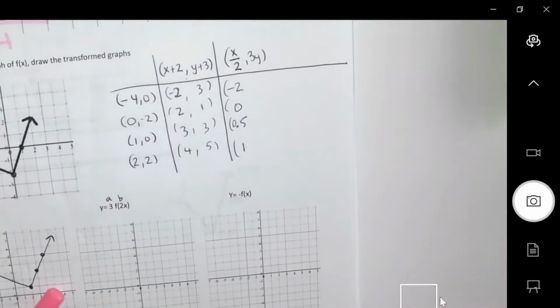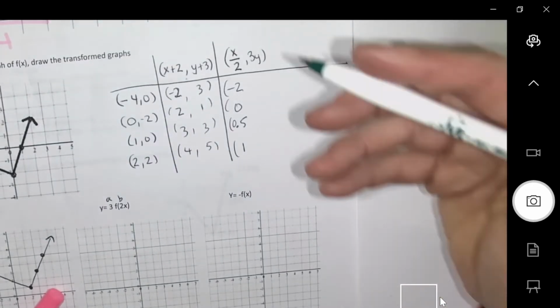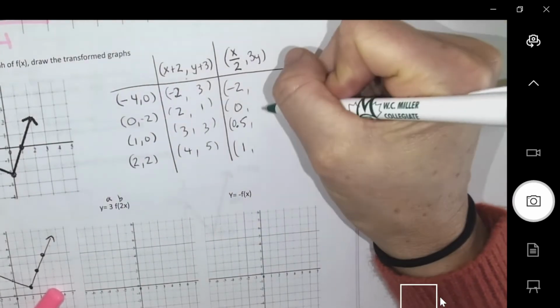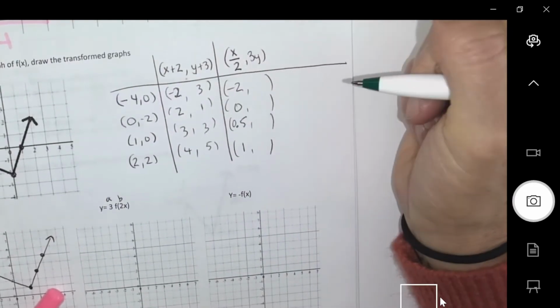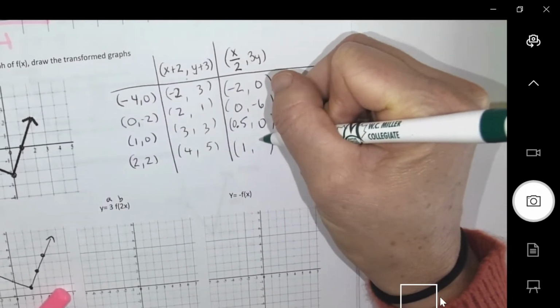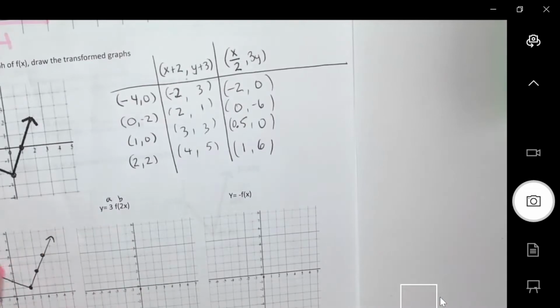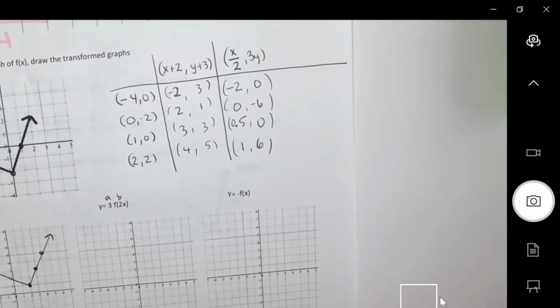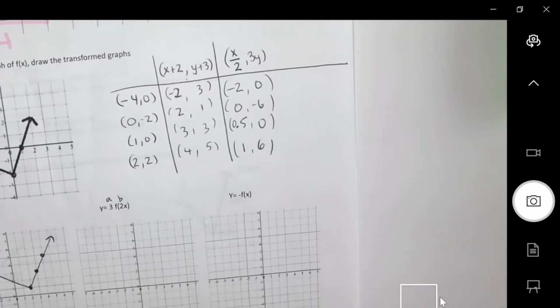Divide all the x's by 2. And take all the y's through there and times them by 3.